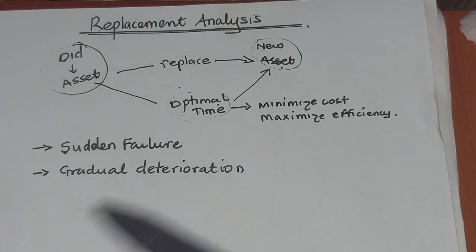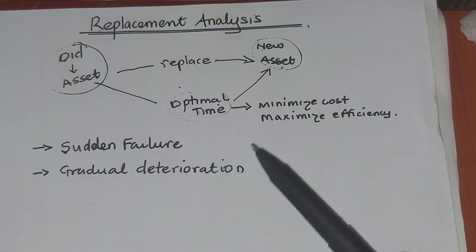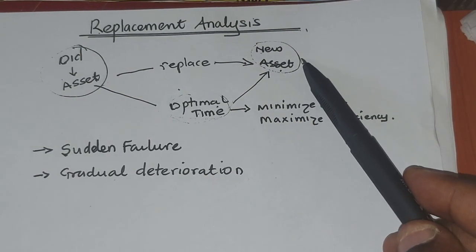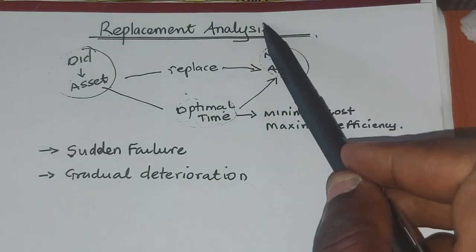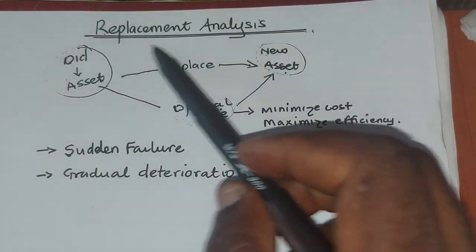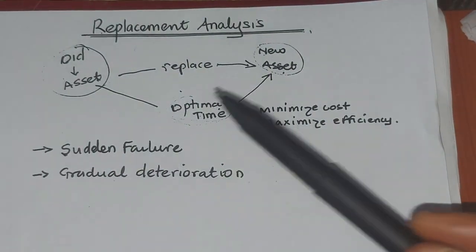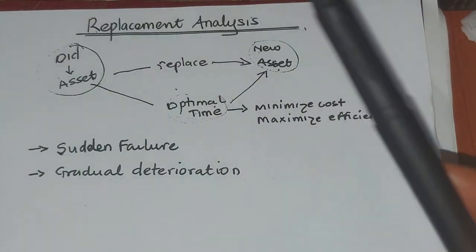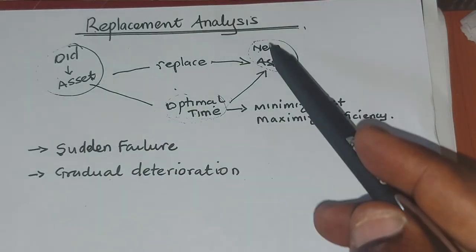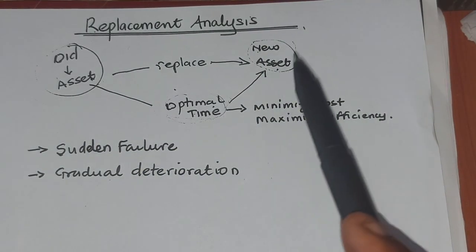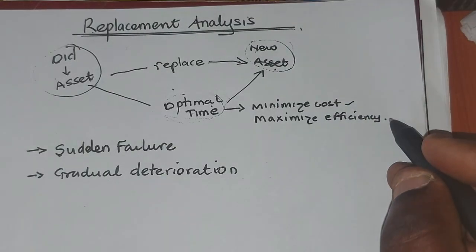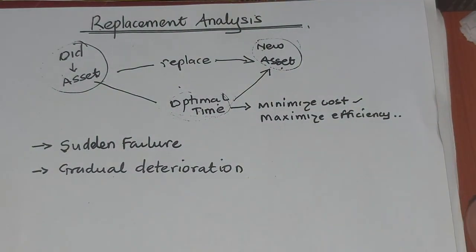The efficiency of the assets that deteriorate begins to reduce, so in order to maximize efficiency, we replace them with new ones. It's a model that we use to determine the optimum time, the best time to replace the old asset with a new one. The aim, like I said, is to minimize the cost and to maximize the efficiency of those assets.